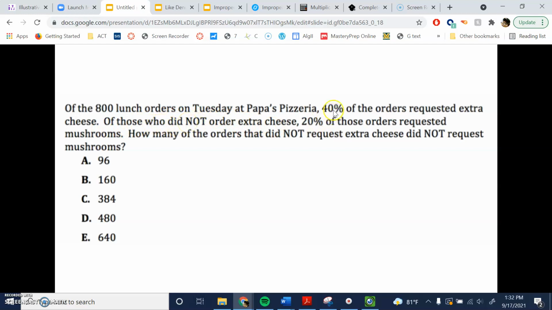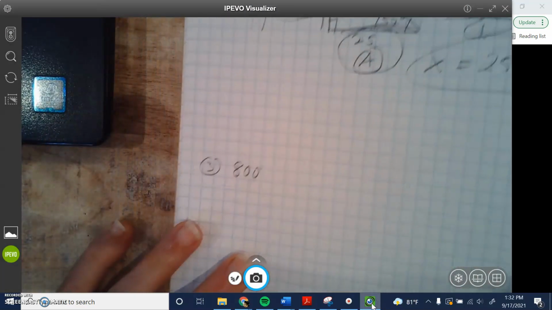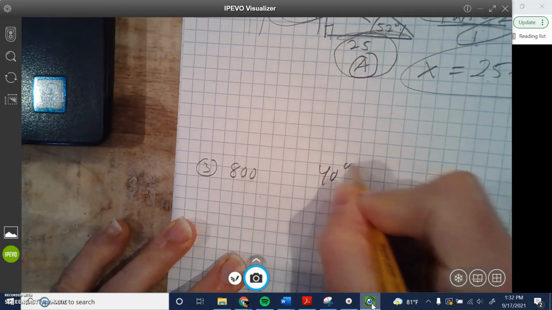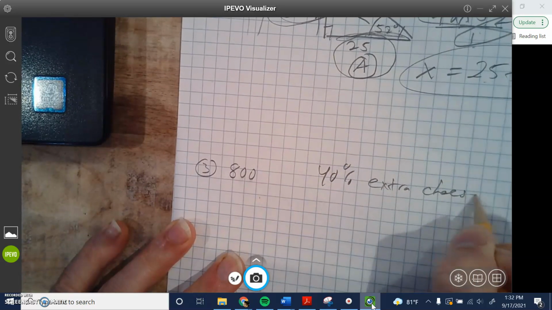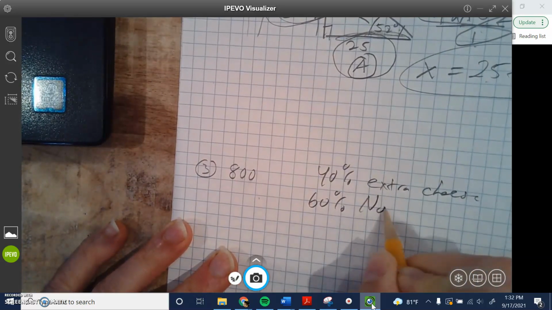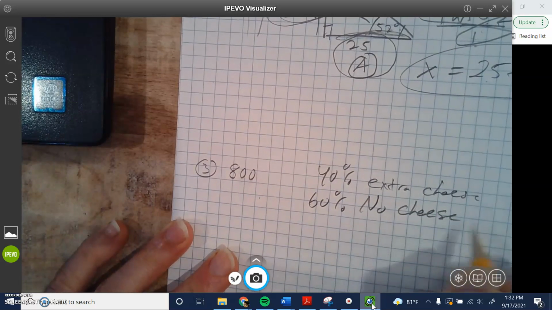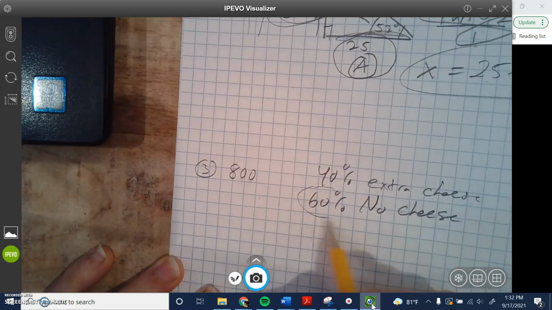Okay. So if 40% of people ordered extra cheese, what percent does not? We have 40% who like extra cheese, which means that 60% no cheese. Why? Because 40 and 60 add up to 100.